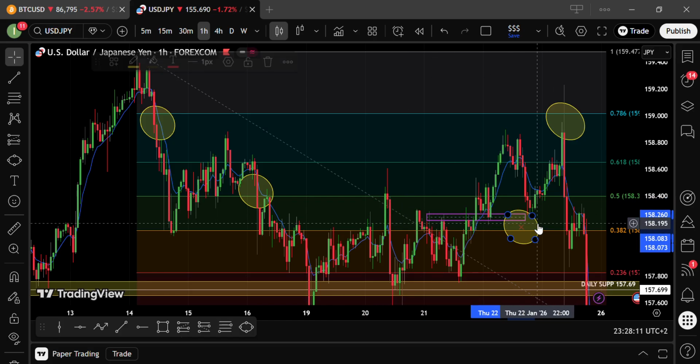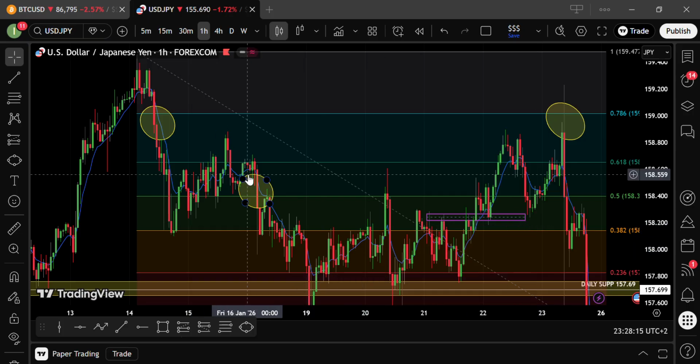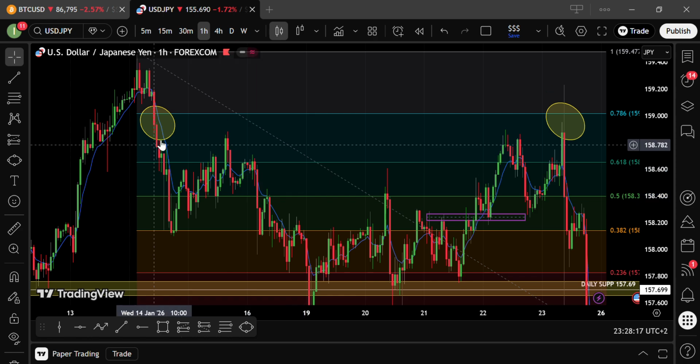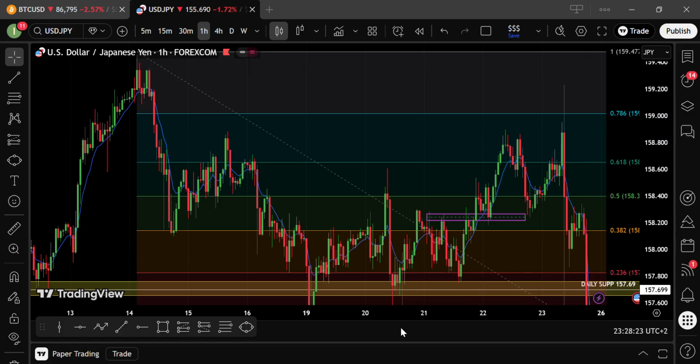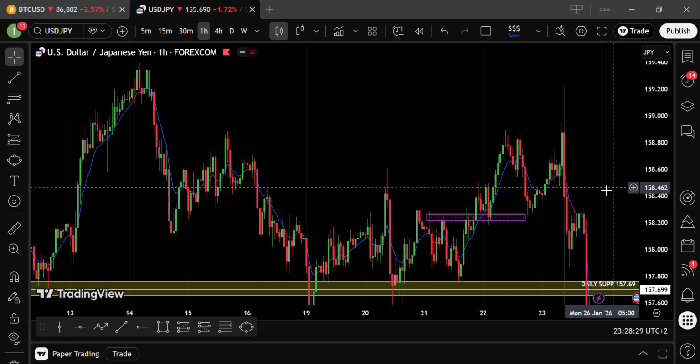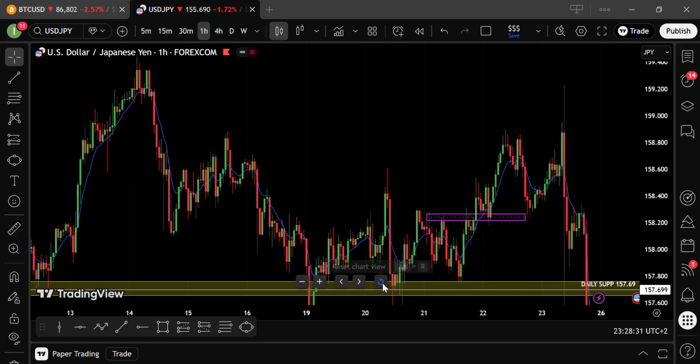It's something that happens. You just have to train your eyes to see the whole pattern of how these things work. But at the same time, just ignore what I've just showed you and just focus on the part that I've showed you on the basics on how to use Fibonacci.